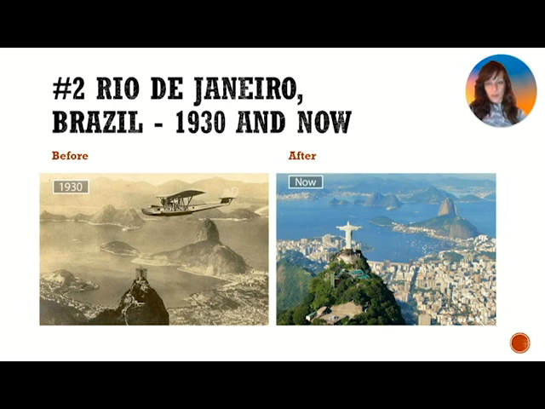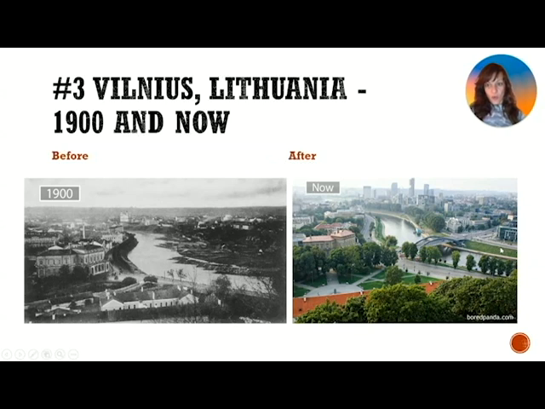Then we have Brazil from before 1930, and now we can see here on the left hand side Brazil before and after. On the next slide, this is Lithuania before and after. It doesn't look like it changed a lot, but then we can see little changes like bridges and buildings.